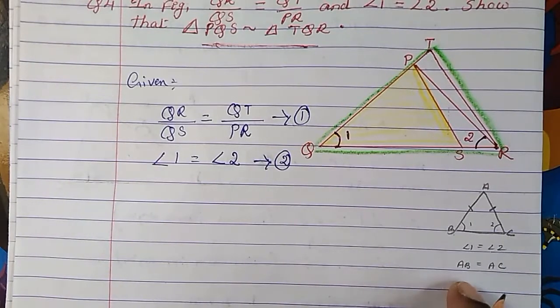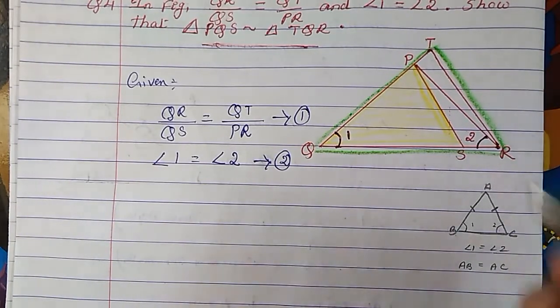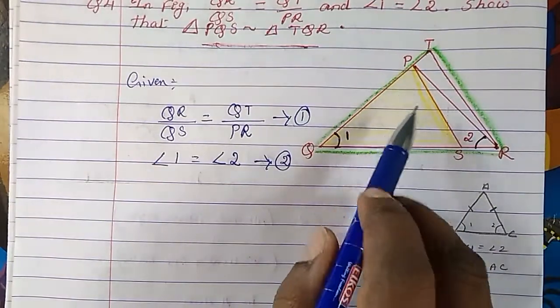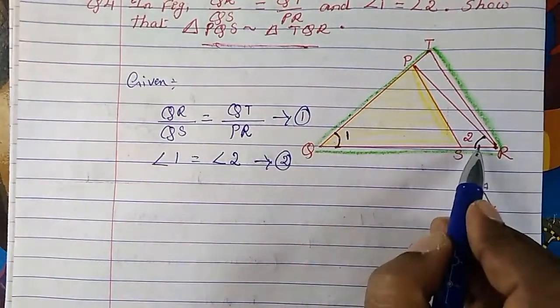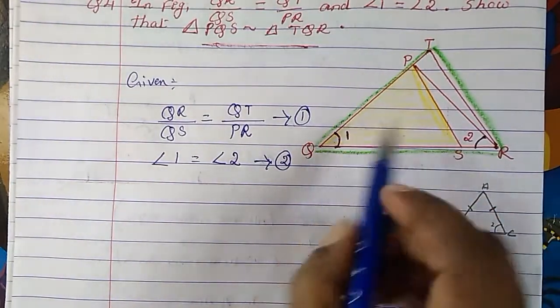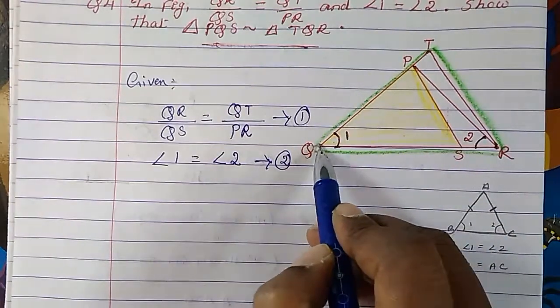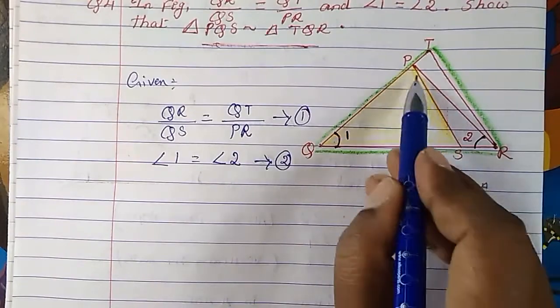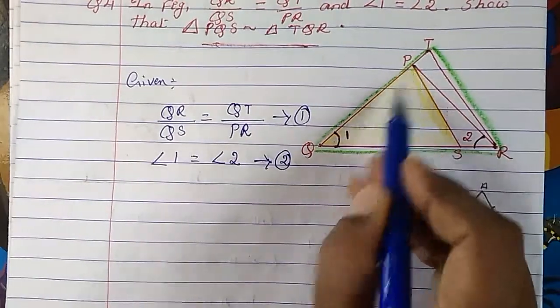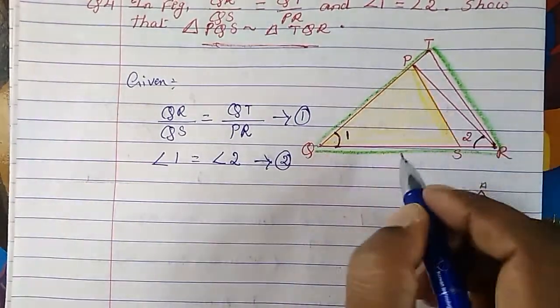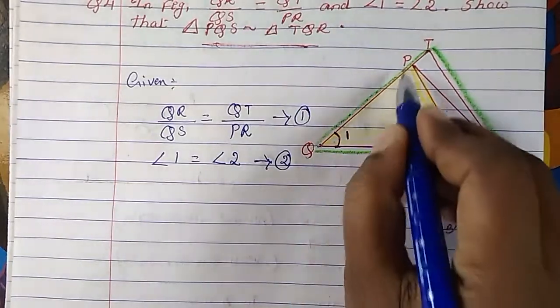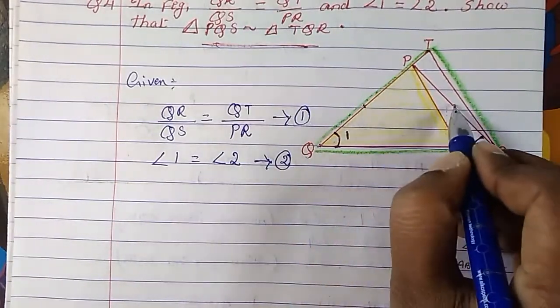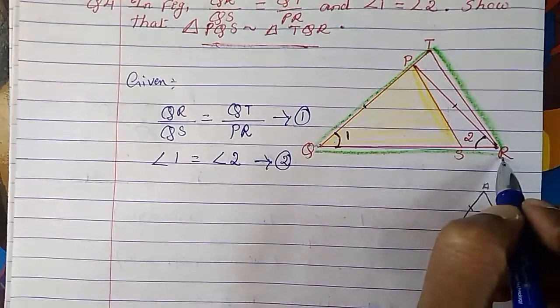So can we take the same thing, that if this angle 1 and this angle 2 are equal, then in triangle PQR, this is another triangle, can we say that PQ will be equal to PR?